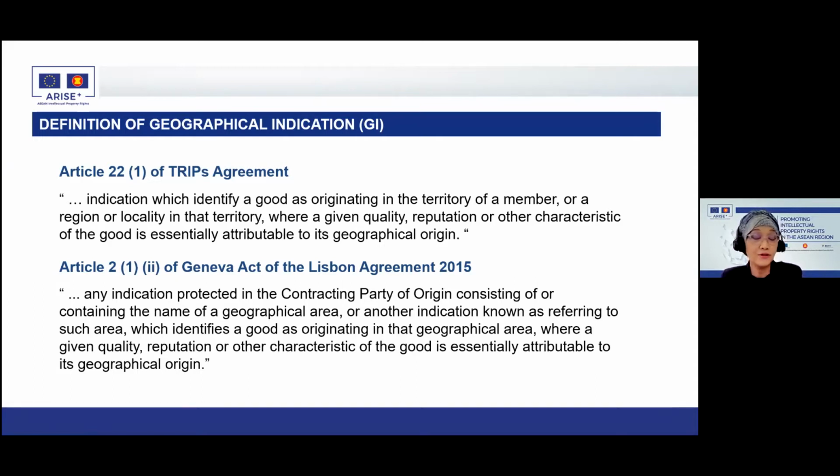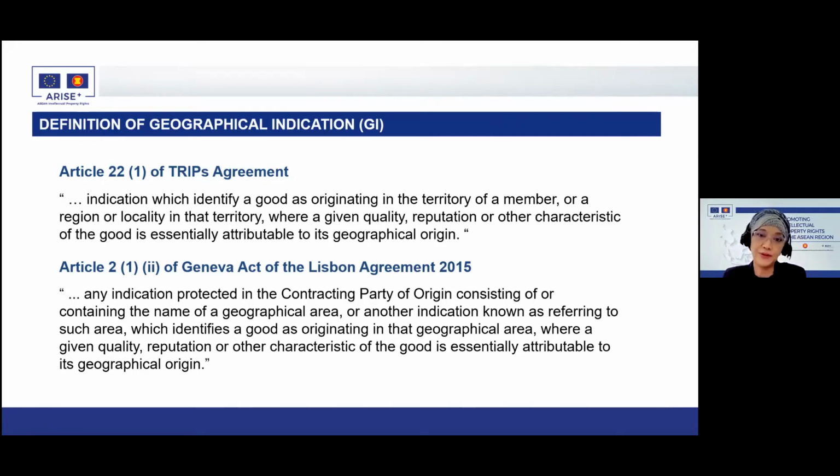The most famous definition we can find is in the TRIPS Agreement, Article 22.1. It says that a geographical indication is an indication which identifies a good as originating in the territory of a member, or a region or locality in that territory, where a given quality, reputation, or other characteristic of the good is essentially attributable to its geographical origin.